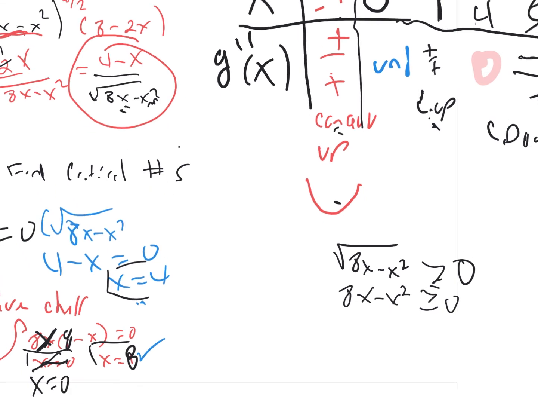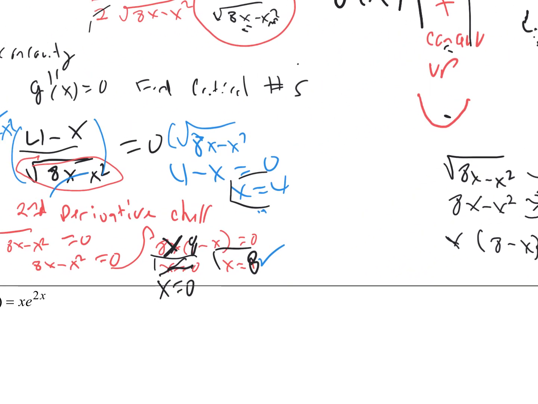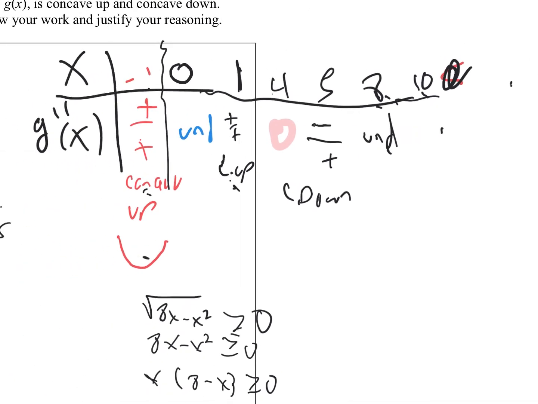And then when I solve this, by factoring out, you remember when I factored out and I got that other number? But if I factor out that, now I remember, x times (8 minus x) has to be greater than or equal to 0.